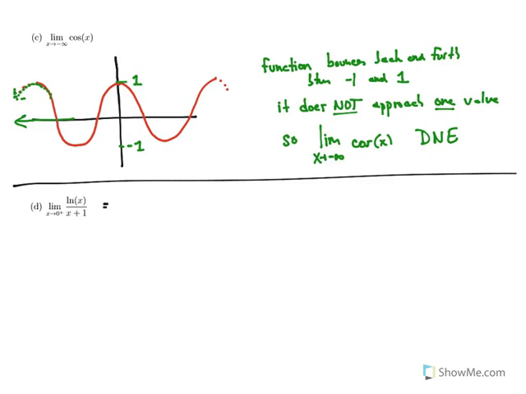So let's use the rule that we can break this up with division and look at both of these limits at the same time. The bottom is pretty easy. When you plug in 0, you get 0 plus 1, which is just 1, and that's going to be the value of the limit.